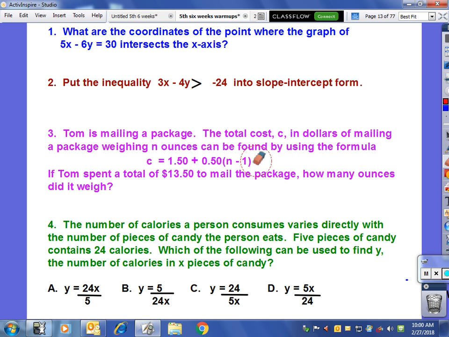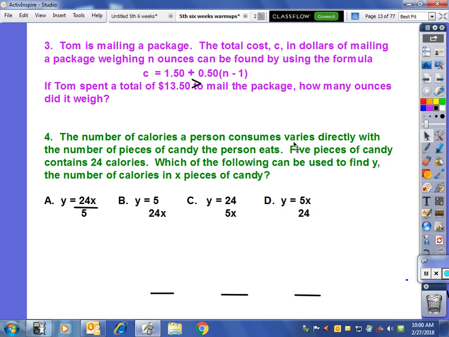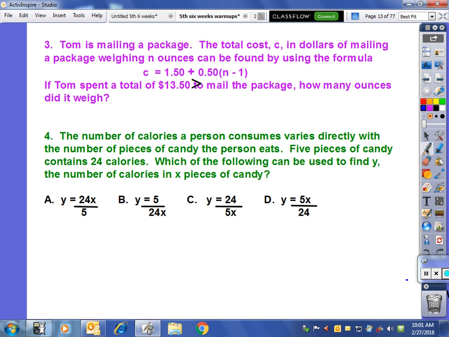All right, and then number 4, we talked about this yesterday. I hope you remember. I don't know why these fraction bars won't come. All right, we did talk about direct variation. What point has to be on a direct variation? 0, 0. The trick to this one is figuring out what is independent and what is dependent. We are eating candy, and while we are eating candy, we are also eating calories.